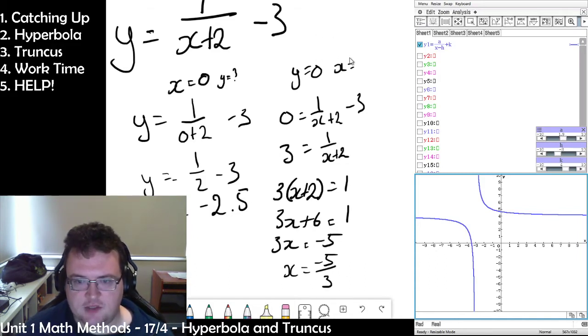So my intercepts are going to be at 0, negative 2.5. And the x-intercept is going to be at negative 5 over 3.